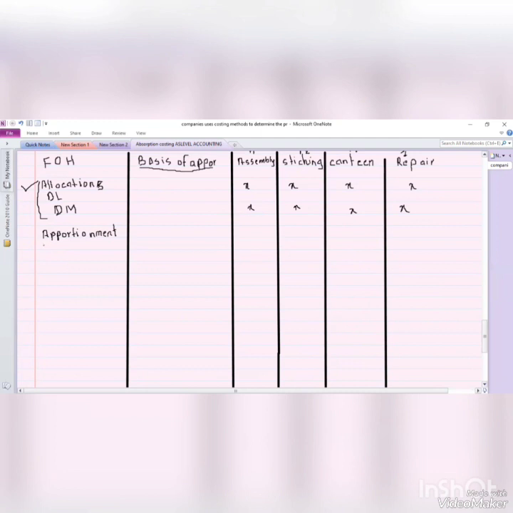In apportionment, we are dividing the common cost, so that's why I am writing common cost over here. Let's say we have a common cost, a fixed overhead, which is rent and rates.